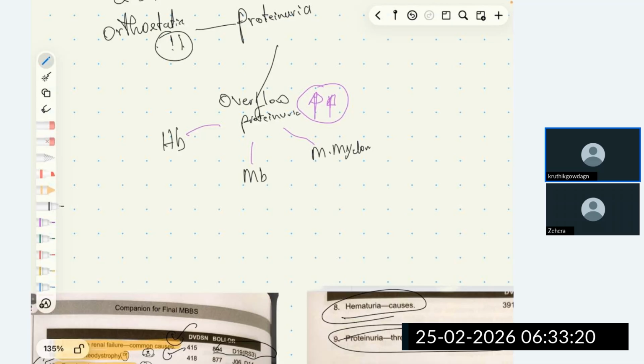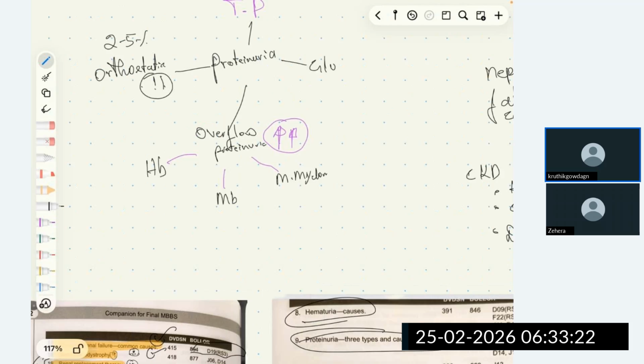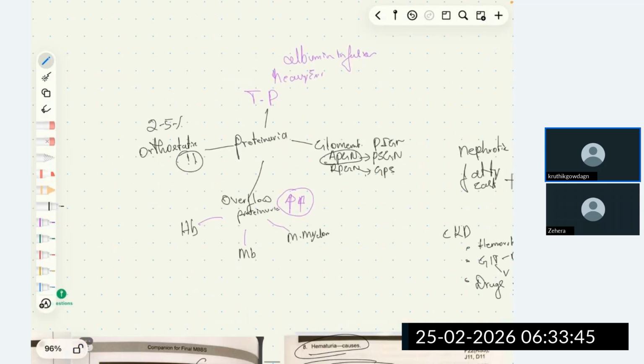Also, we have glomerular proteinuria. We all know this glomerular proteinuria, seen in acute proliferative glomerulonephritis, rapidly progressive glomerulonephritis, post-streptococcal glomerulonephritis, Goodpasture syndrome in RPGN, post-infectious glomerulonephritis, and many other causes. So this is enough, I think. Under proteinuria, the examiner has 3 types.